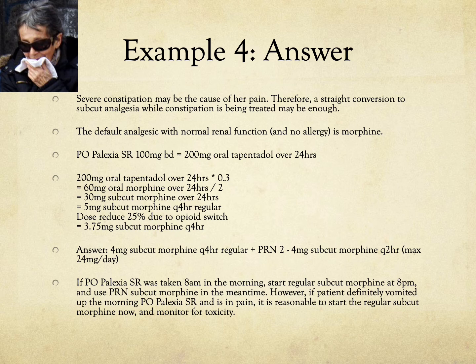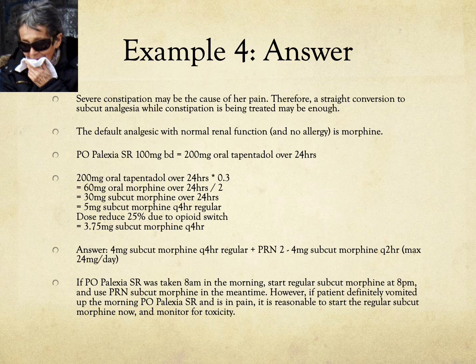Equals 5 mg subcut morphine Q4 hourly regular. But dose reduced 25% due to an opioid switch equals 3.75 mg subcut morphine Q4 hourly. I'm going to round that up to 4 mg subcut morphine Q4 hourly regular plus PRN 2 to 4 mg subcut morphine Q2 hourly, maximum 24 mg per day.